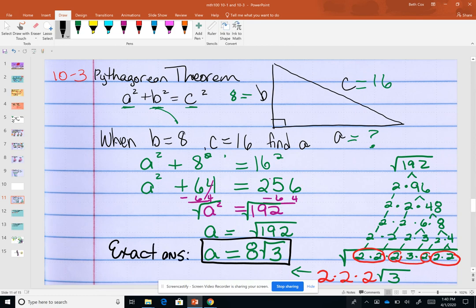Now, if I wanted to get an approximated answer using my calculator, then I would just type it in the calculator. And my approximate answer is approximately 13.86 if I round to the nearest hundredth.